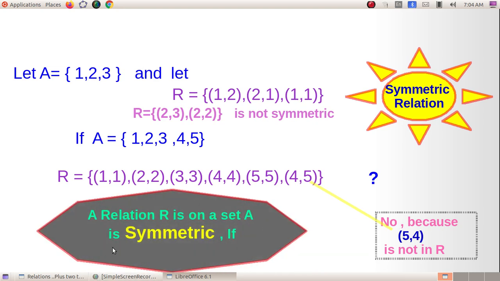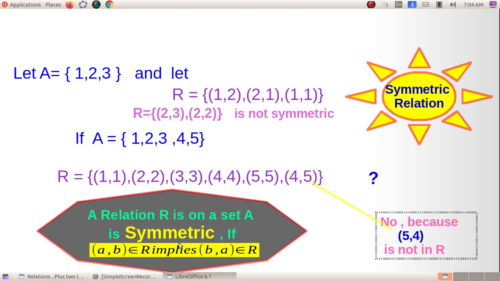Then what is the formal definition of a symmetric relation? A relation R on a set A is said to be symmetric if (a,b) belongs to R implies (b,a) belongs to R. Whenever (a,b) belongs to R, then (b,a) must belong to R. If (a,b) does not belong to R, there is no question of (b,a). That is the definition of symmetric relation.